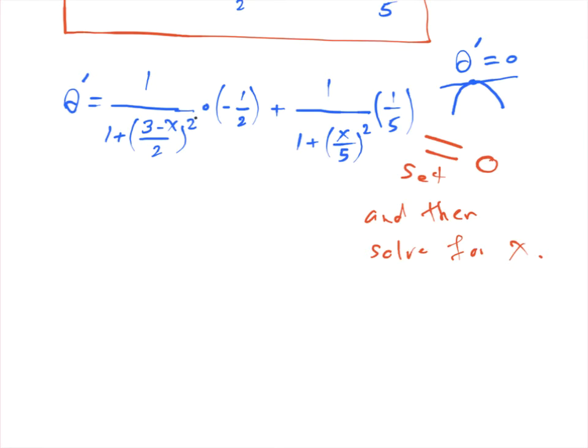So on this side, there is a negative quantity, right? Negative half makes that negative, and the other one is a positive quantity. Now, it's easier to solve the equation if you move the one with the negative sign to the other side, meaning you add its positive, and then you write the equation this way.